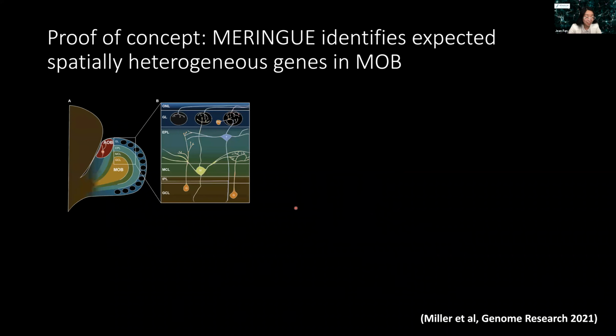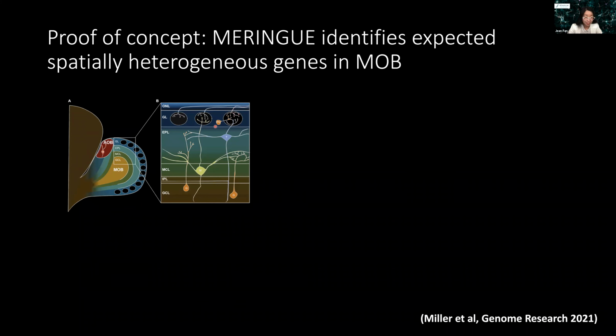Great. Then, as a proof of concept, we wanted to apply MERINGUE to identify spatially heterogeneous genes in the mouse olfactory bulb, or MOB. The MOB consists of multiple transcriptionally distinct cell layers, as you can see here.